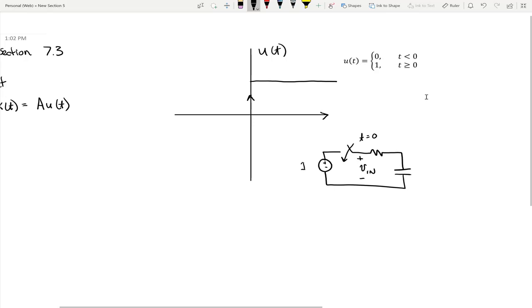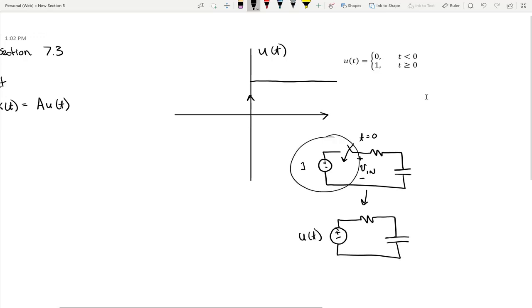Let's say that value was 1 volt. So the act of closing the switch, I can model that as basically a u of t. Instead of having this switch and source combination, I could have this one source modeled as u of t. We use that oftentimes in a mathematical context to represent the complete situation in a way that's easier to capture mathematically.